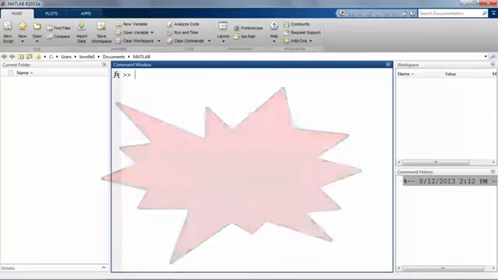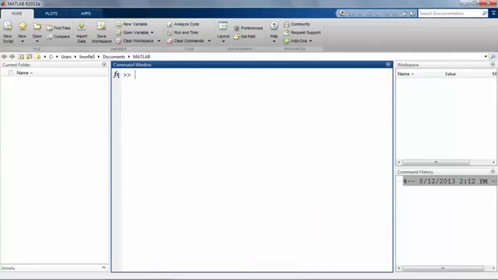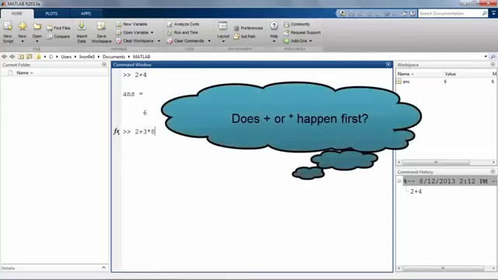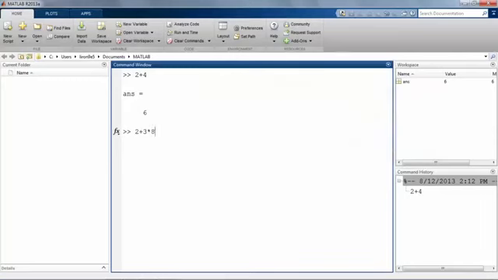After that, let's see how close it is to a calculator. The simplest thing you've ever done in a calculator is do an equation. For example, 2 plus 4 is 6. Now when you type this in your calculator, what happens? Which operation happens first? The plus or the multiplication? The multiplication.